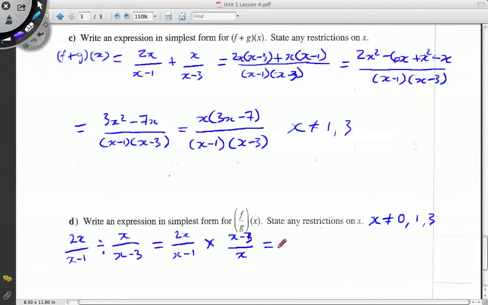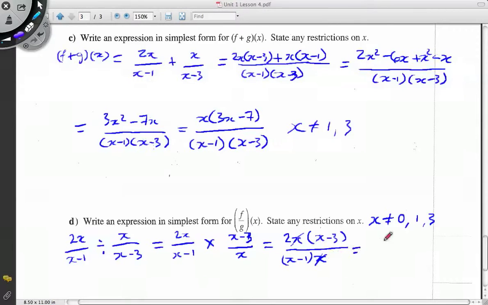Okay, let's carry on with our multiplication. We're going to get 2x times x minus 3 all over x minus 1 times x. Can we cancel? Well, we can cancel that x right here with that x there.